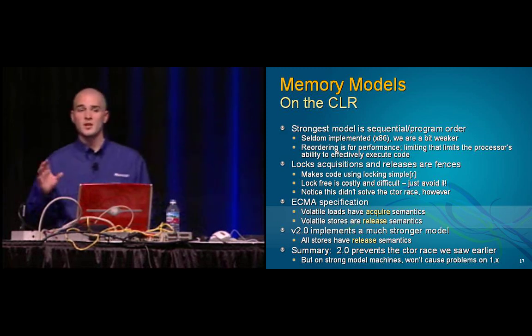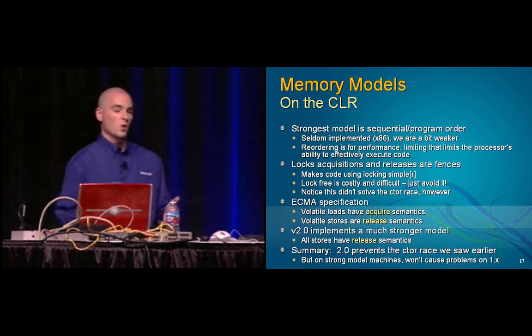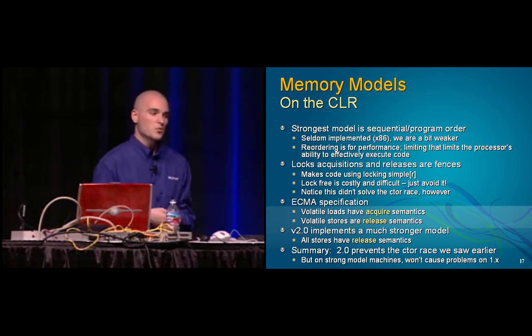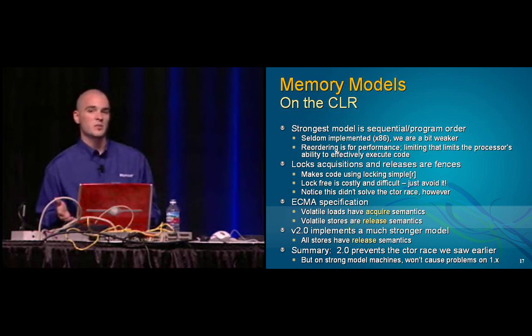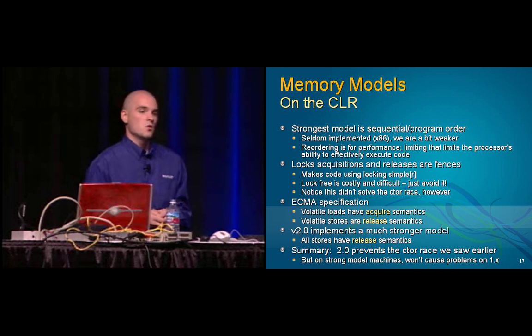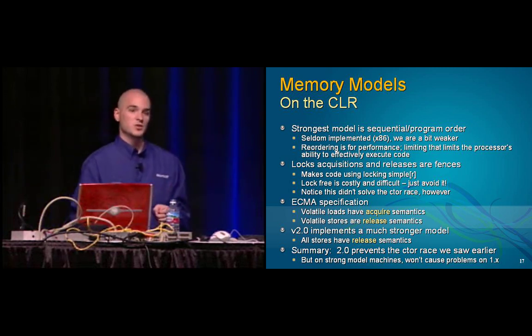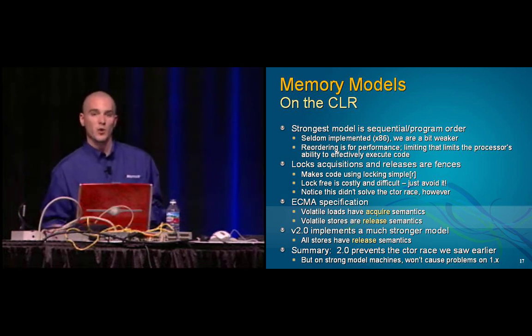So obviously, the strongest memory model is one where nothing executes out of order. Everything executes as you wrote your program. The problem with this is it limits the ability of the processor to execute efficiently. The reason why JIT compilers and processors perform out-of-order reads and writes is for performance.